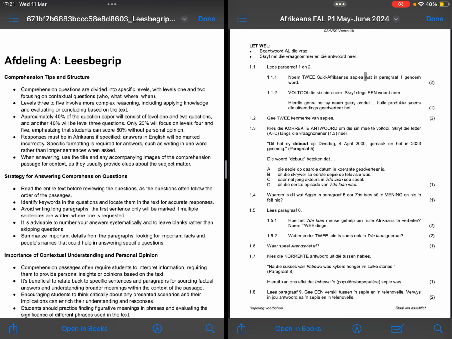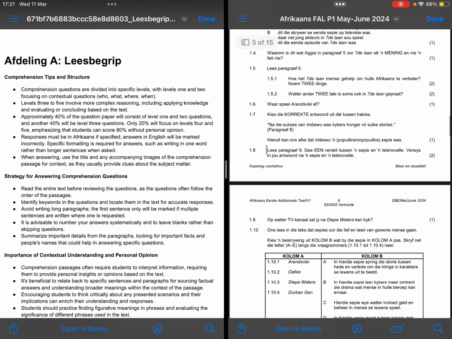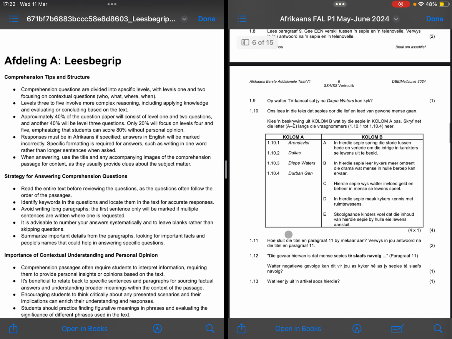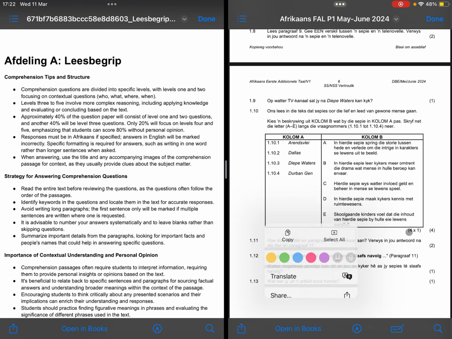Because our first questions are always going to refer to the first things in the text, and our later questions, like here, this is question 8, and now we're talking about paragraph 9, which is a later paragraph. Our later questions are going to refer, like here, to the later paragraphs. So if you're really lost, remember that.